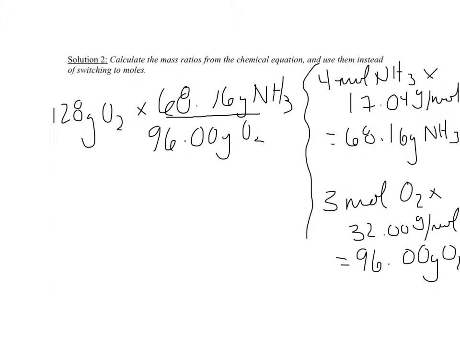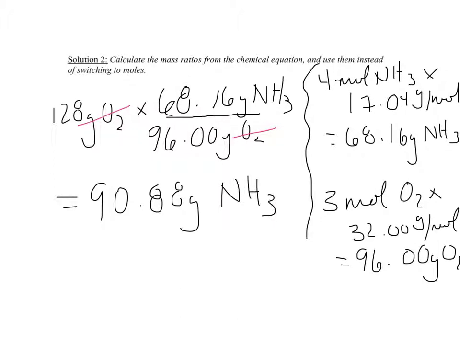They're going to cancel out, so grams of oxygen canceled out. And so now in your calculator you go 128 times 68.16 divided by 96. And if you punch that in your calculator, you get 90.88 grams of NH3, which is, hey, the same answer we got above.